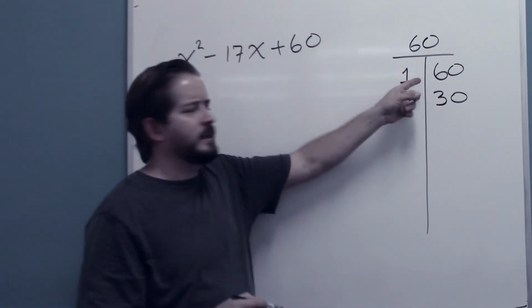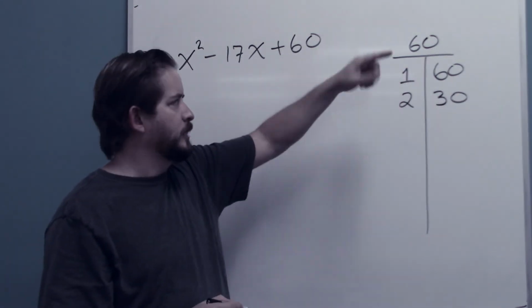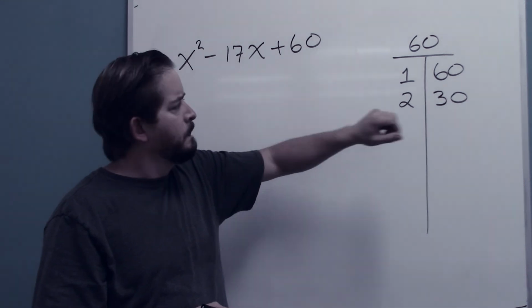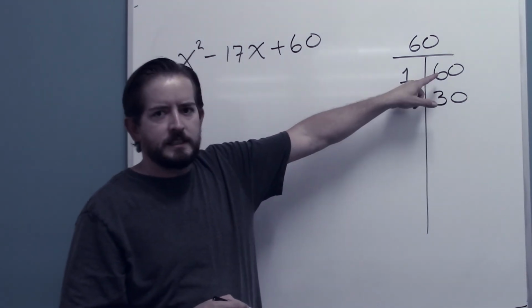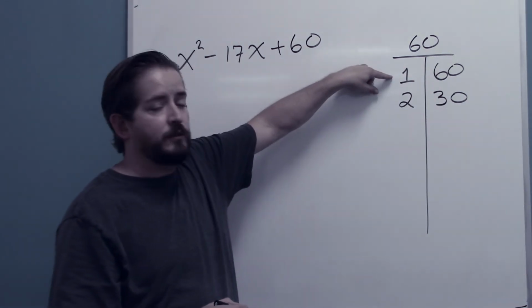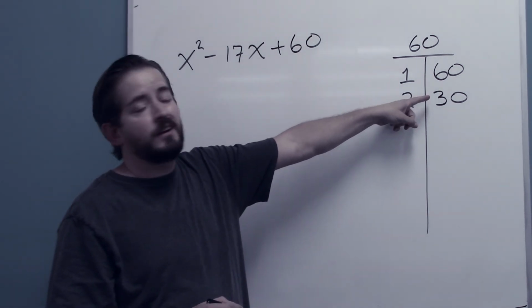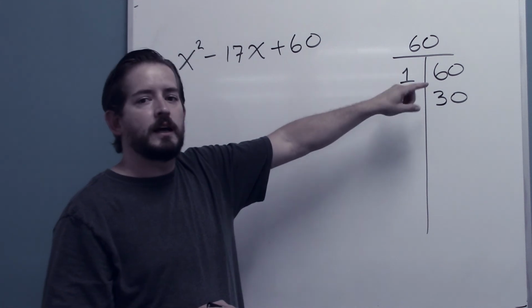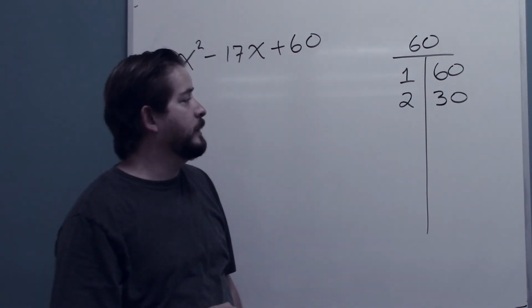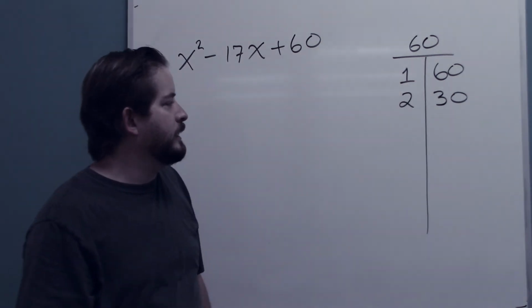And I'm already halfway done with all of the numbers between 1 and 60, right? Because any number between 30 and 60, if it appeared on this list, would have a factor pair between 1 and 2. But again, there's no integers, so I don't have to check 31 through 59. They're in the garbage. I don't care about them. So I'm already halfway there.